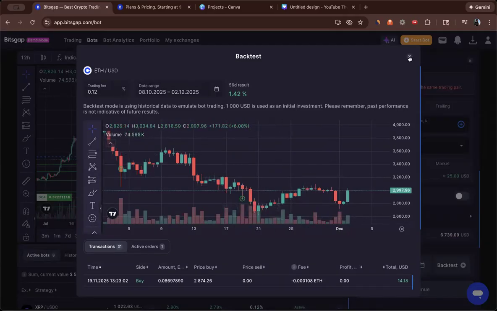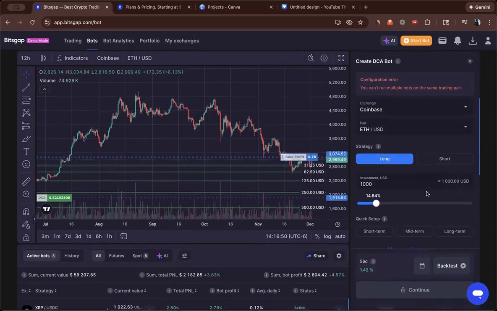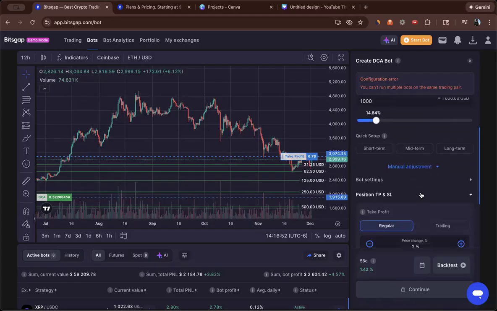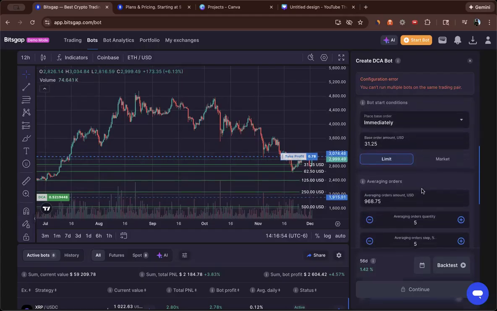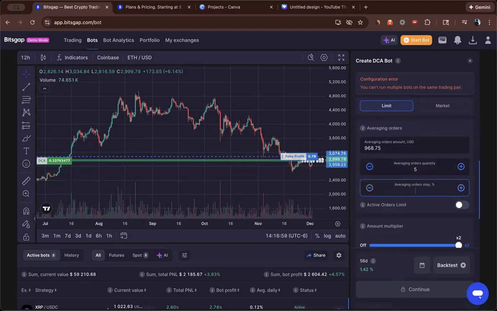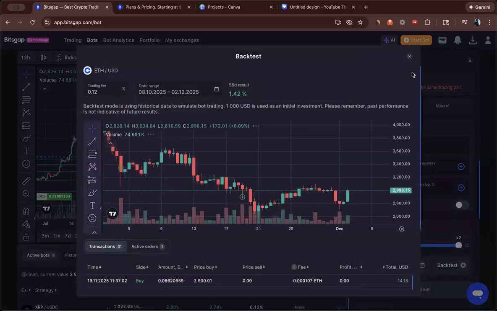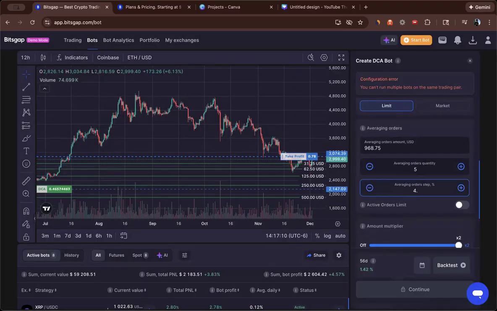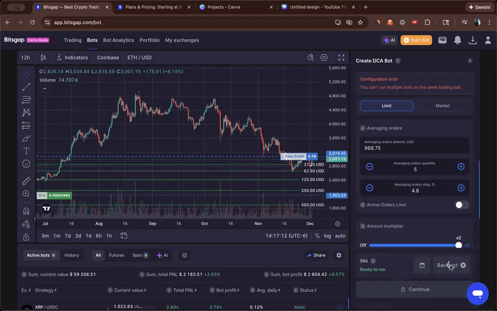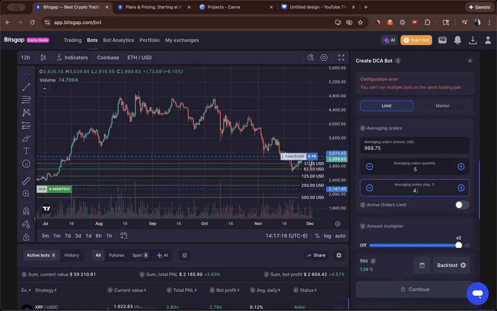1.42% in 56 days. I think we can get that a little bit higher. So what we'll do is we'll go up to bot settings and let's see what taking this down to an averaging order step percent of 4.9% gives us. 1.42 again, so no change. 1.29, so a little lower.